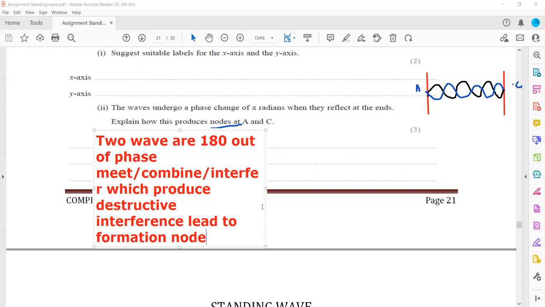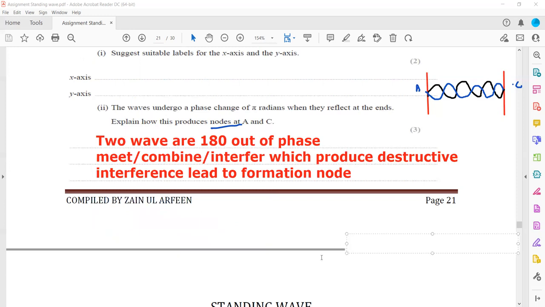So whenever a standing wave is produced, it will always produce a node at the fixed ends.